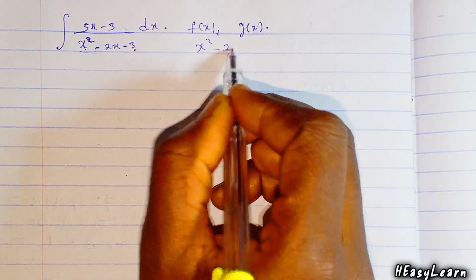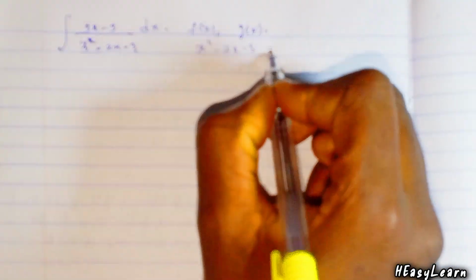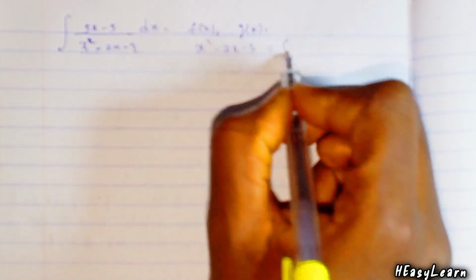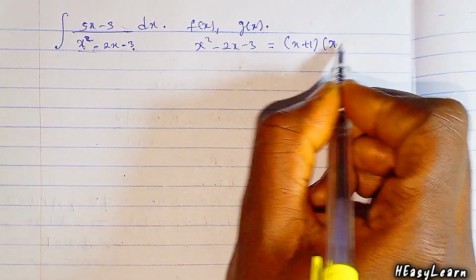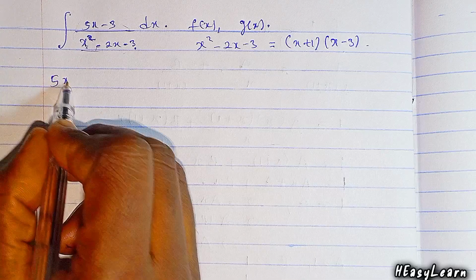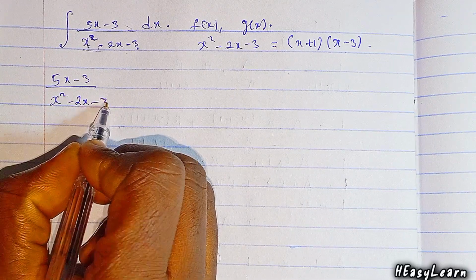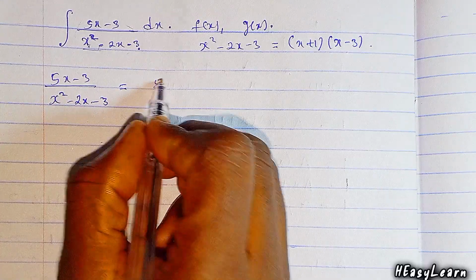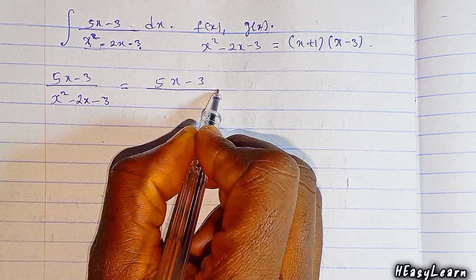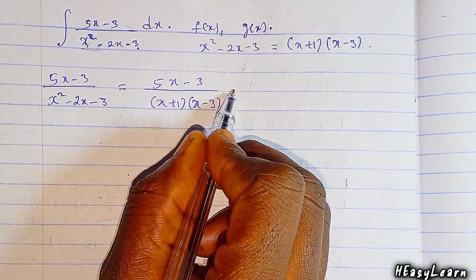x squared minus 2x minus 3 is a quadratic expression which can be written as (x plus 1)(x minus 3). So (5x minus 3) divided by (x squared minus 2x minus 3) is the same thing as (5x minus 3) divided by (x plus 1)(x minus 3).